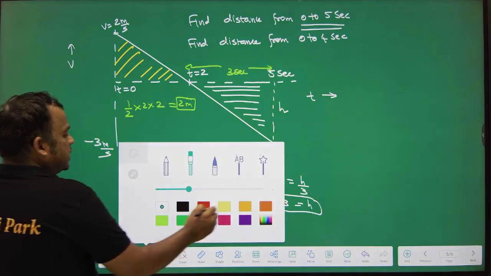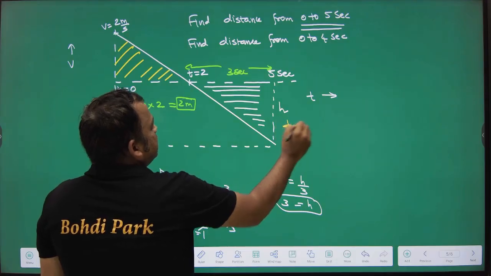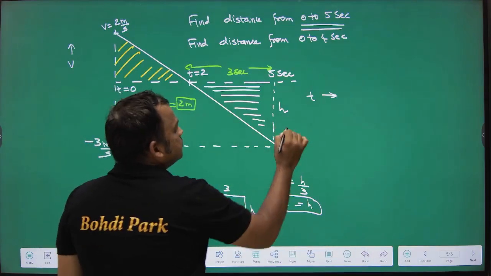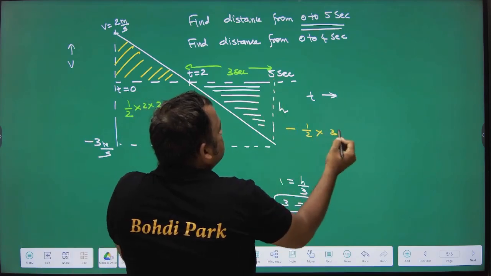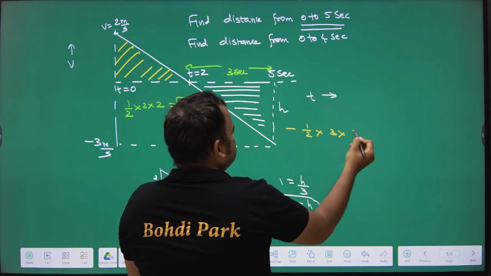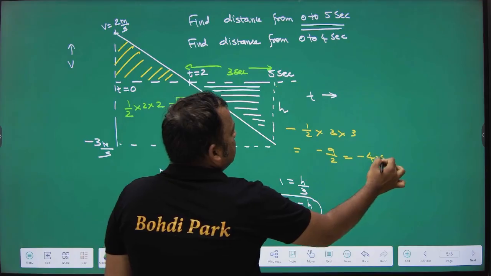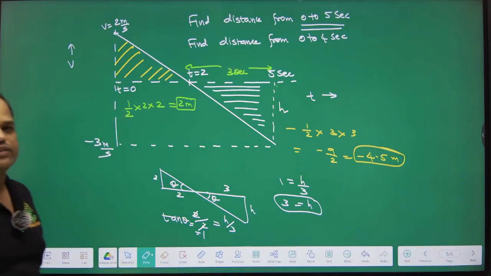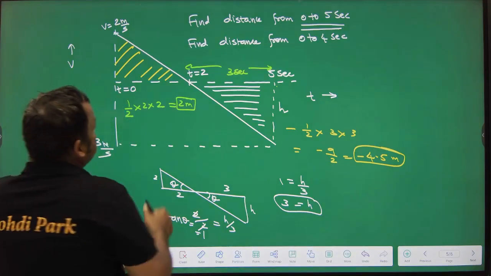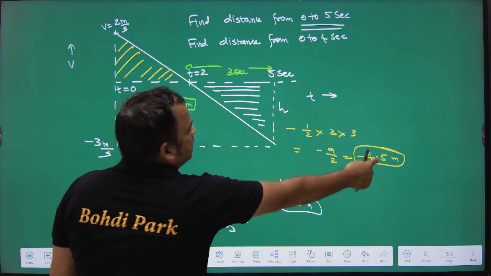Now let's calculate the negative area. So negative area will be minus half into base into height. This is minus 4.5 meter. So second displacement is negative, first displacement is positive. 0 to 2 is positive, 2 to 5 is negative.